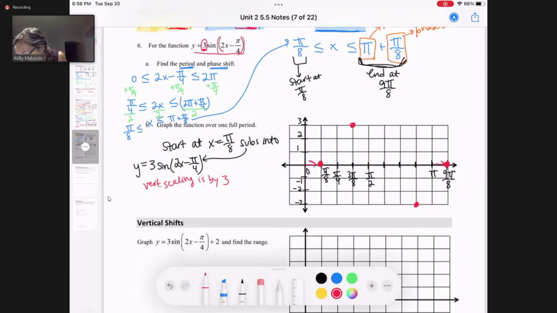Normally it would be at pi over 2, but that will be shifted as well, right? So my other 0 should be here, just past pi over 2. If you labeled these, it might be more helpful because that would be 5 pi over 8, I believe. And now we can connect and say, okay, this is my new curve with my new period and all the good stuff.